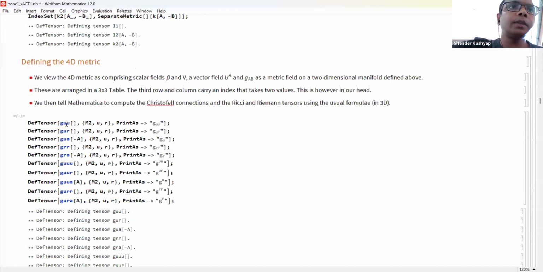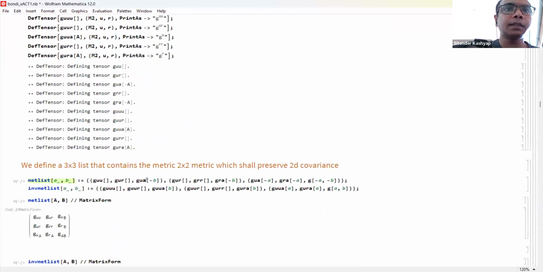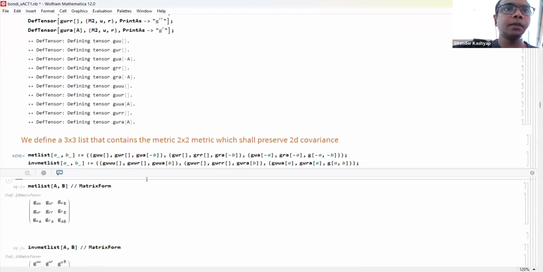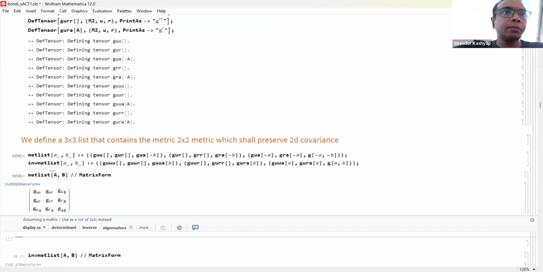Now we are defining the components of the full four-dimensional metric. First will be GUU, GUR, GUB, etc. Let me just print it and show you. These can be rearranged in terms of a list, the metric list. For example, the lower one is GUU, GUR, GUB.